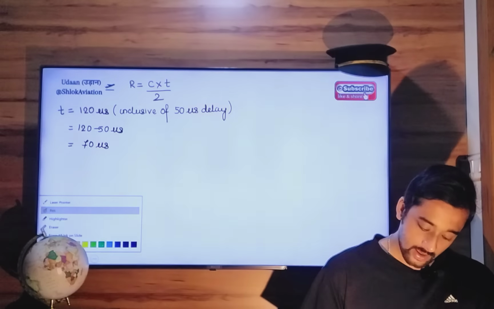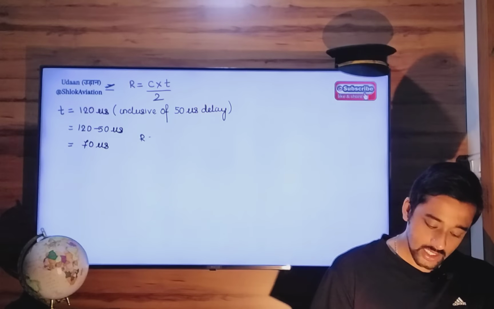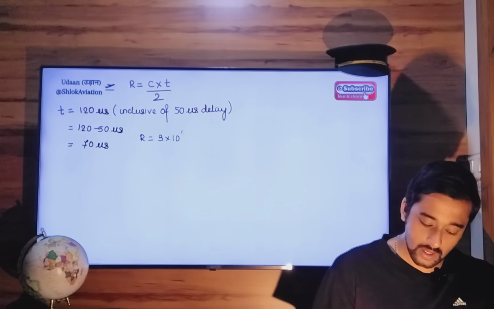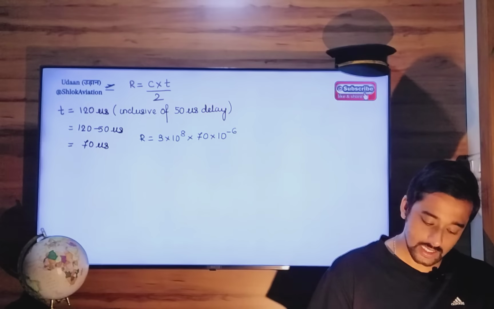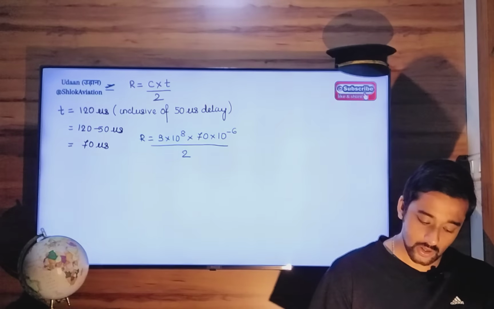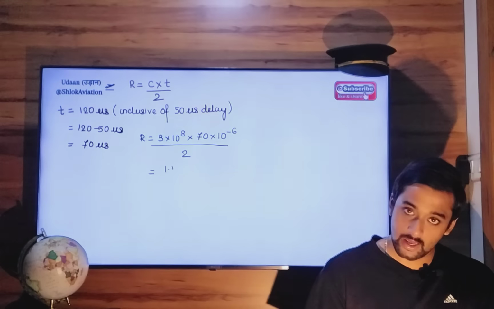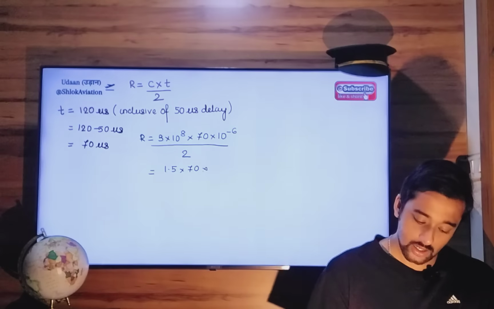So now use this value in the formula. Range is 3 into 10 raised to 8 meters per second into 70 into 10 raised to minus 6 seconds divided by 2. So 1.5 into 70 into 10 raised to 2.